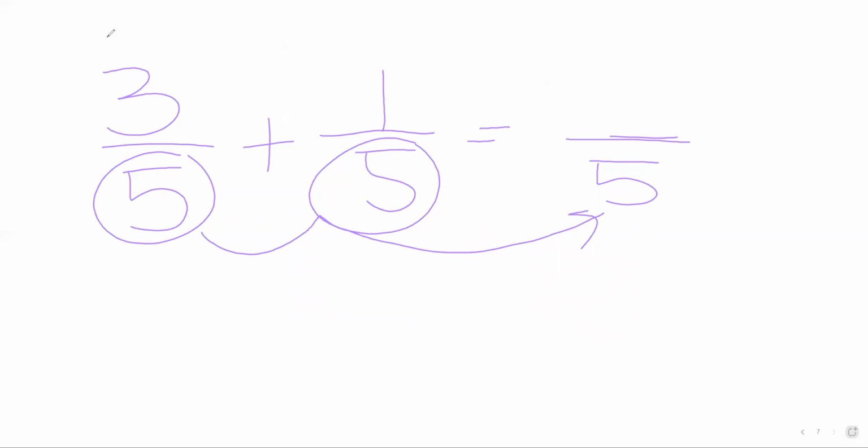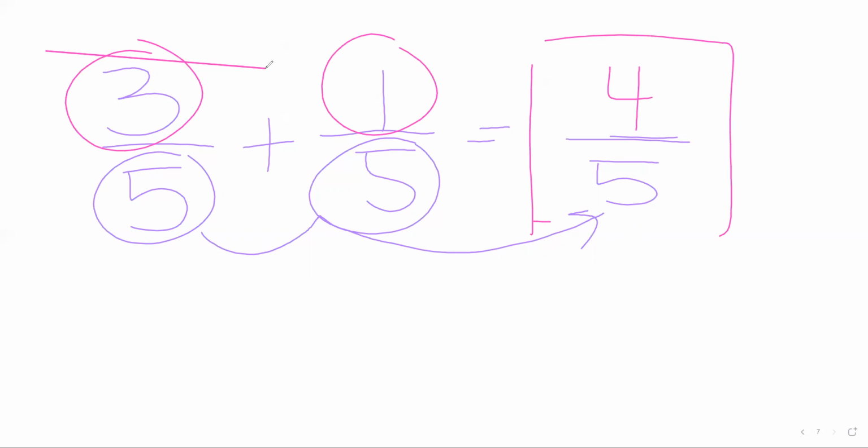So really don't worry. Every fraction you're going to see during this time, the denominators will be the same. We will look at different denominators later, but for now, the denominator is the same. So it slides over. And then we just add our numerators. 3 plus 1 is 4. So it's 4/5. So there's our algorithm for solving the sums of fractions.